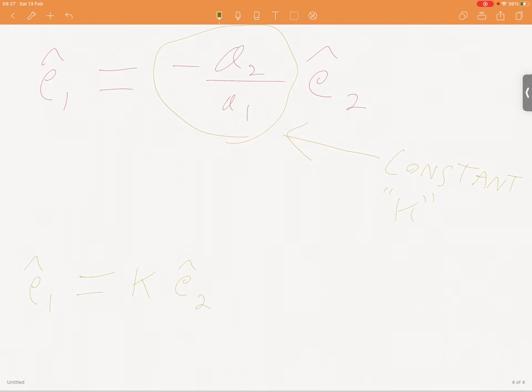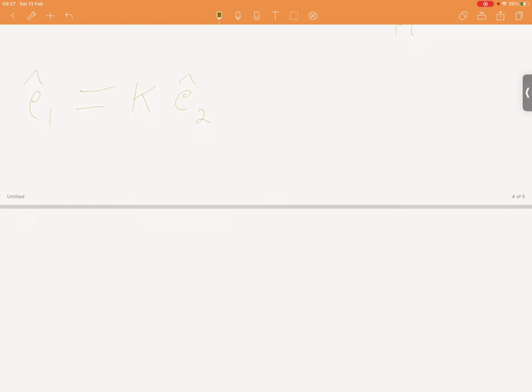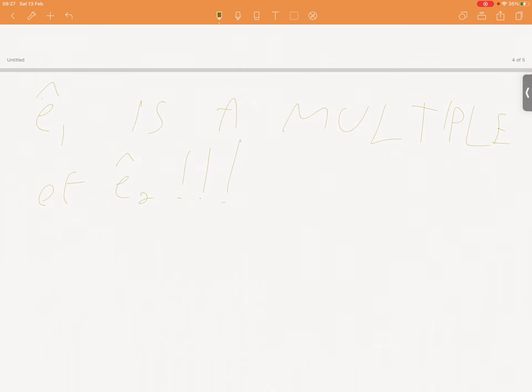You know what you're saying? I don't think you realize what you're saying. You are saying that the e1 vector is a multiple of e2. If it is, it's just scaled.